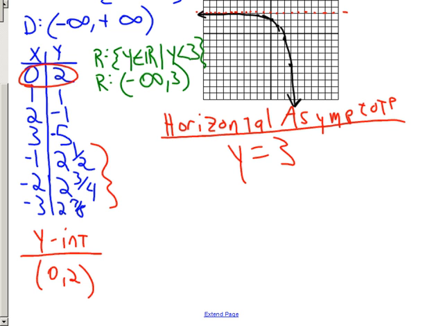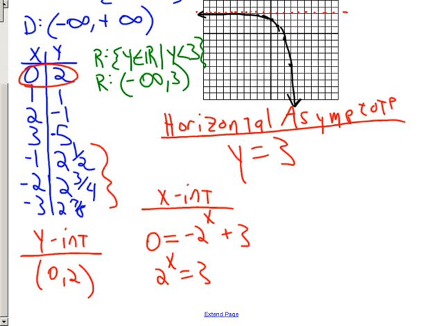To find the x-intercept, however, that's a bit more involved. You got to plug 0 in for y. And if you plug 0 in for y into this equation up above, that looks like this, here's what we need to solve. There's a lot going on. If I was going to solve this, I would add the 2 raised to the x to the other side. I would take the natural log of both sides.